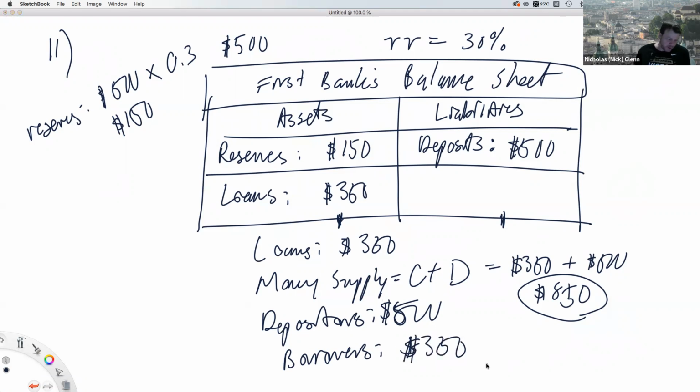Okay. All right. So now we're going to say, okay, well, this borrower here, he's going to deposit the $350 into Second Bank. So we'll see what happens here with that.